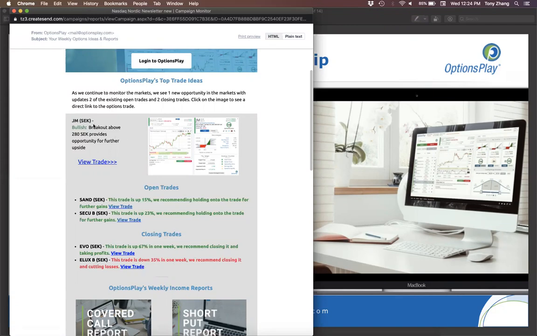So it's really new trades up here, like JM. This is a new trade that we sent out on Friday. SAN and SU were previous trades, but we're keeping them open. And the last two are previous trades, but we're saying it's time to close them out, either at a profit or a loss. This is really designed to give you ideas beyond just giving you the platform, right?